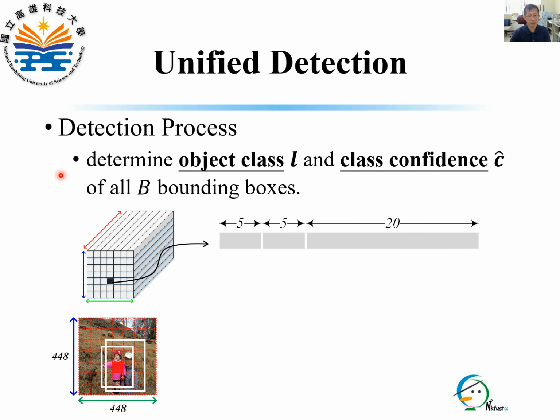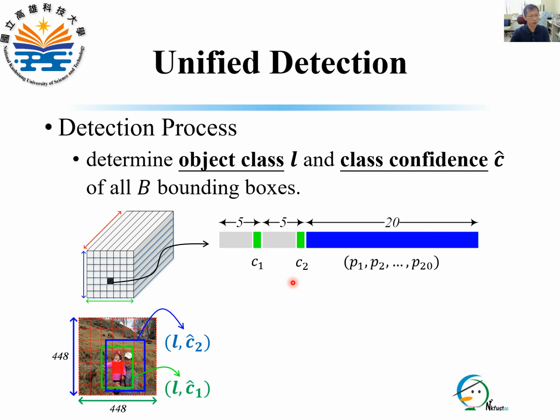After that, YOLO v1 determines the object class L and the class confidence C hat of all bounding boxes according to C1, C2, and 20 conditional class probabilities. In YOLO v1, the bounding boxes from the same anchor share the same object class.